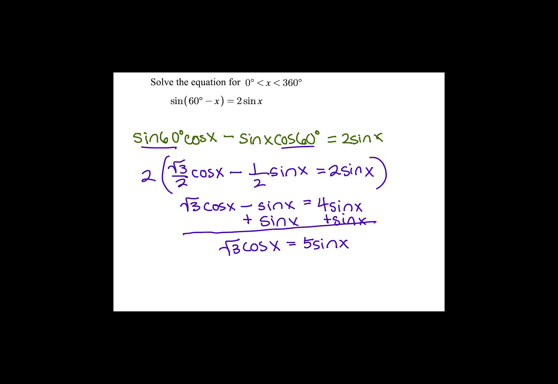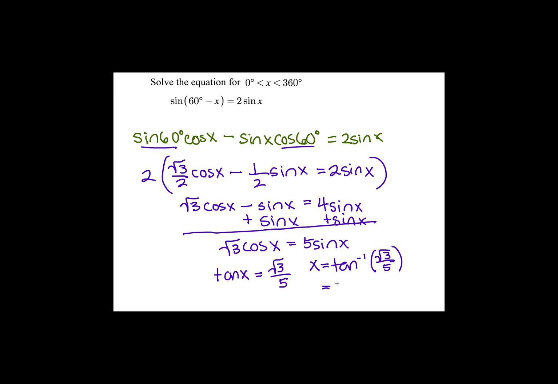So that means we need to use a trig function that has both sine and cosine, and I'm thinking that's going to be tangent. The tangent of x, or sine over cosine, equals the square root of 3 over 5. Therefore, x is the inverse tangent of the square root of 3 over 5.